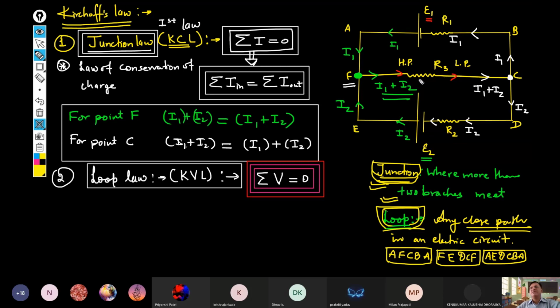So if I talk about the potential drop for V3, it is going to be negative because we are moving from higher to lower potential. If we move from lower to higher potential, then we will take potential as positive. I hope it is clear to everyone.